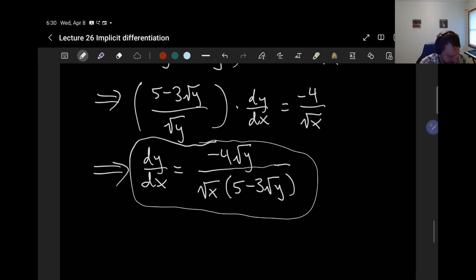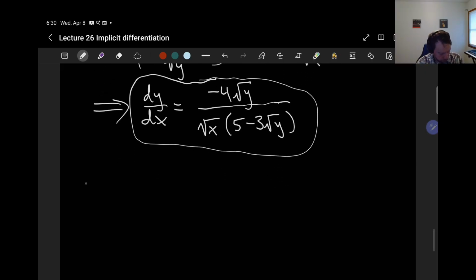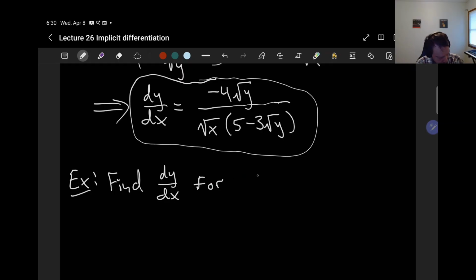All right. I'm just checking my work real quick. Okay. Let's do one involving e. So we want to find dy/dx for y cubed plus e to the xy equals 1.